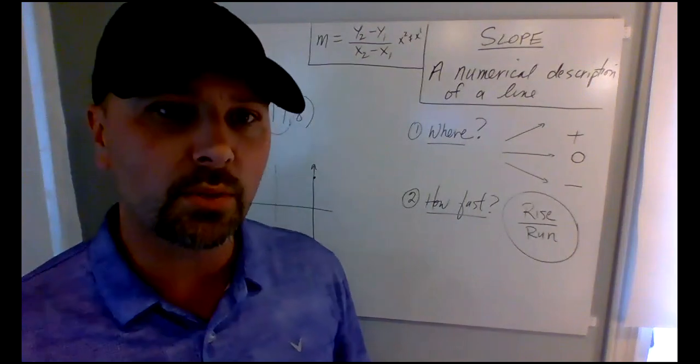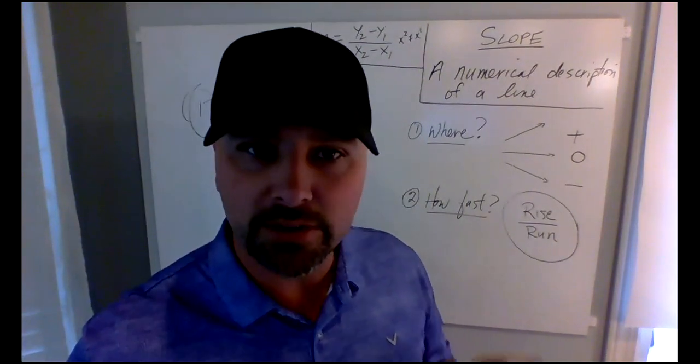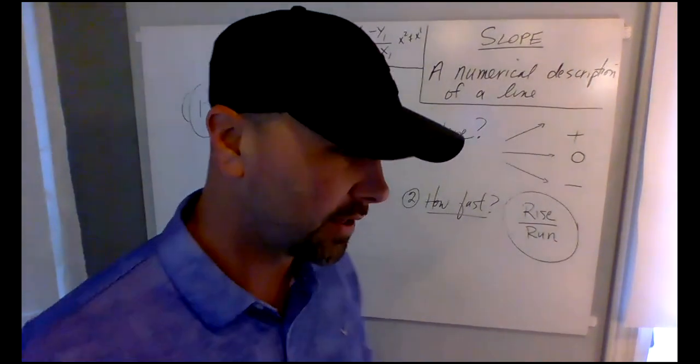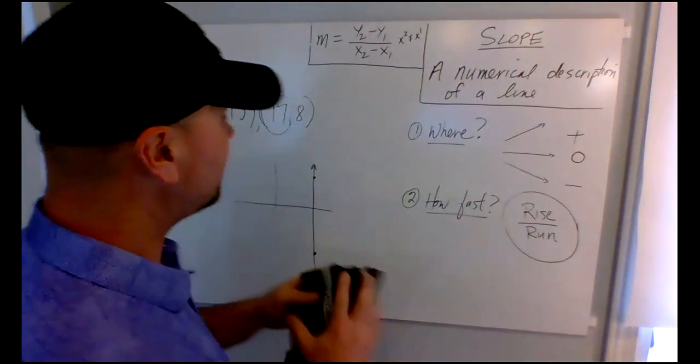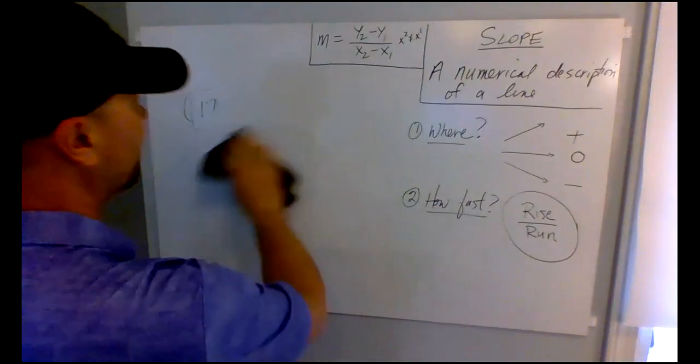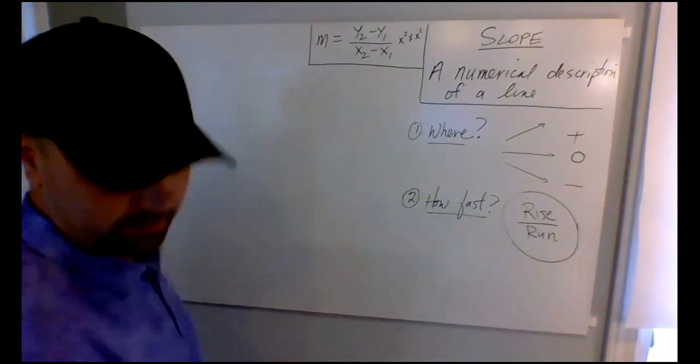I guess one last thing that I will tell you, because I felt like there was something I was not remembering. Sometimes you'll be asked to find slope and they're going to give you more than one point.